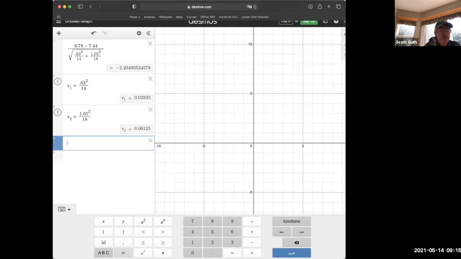And now all I'm going to do is type the formula for the degrees of freedom. So the formula has a fraction, and in parentheses it's V1 plus V2. You have to leave those subscripts. Don't keep your cursor in the subscript or it'll type the parentheses in the subscript. Then close parentheses, and then this thing gets squared over.